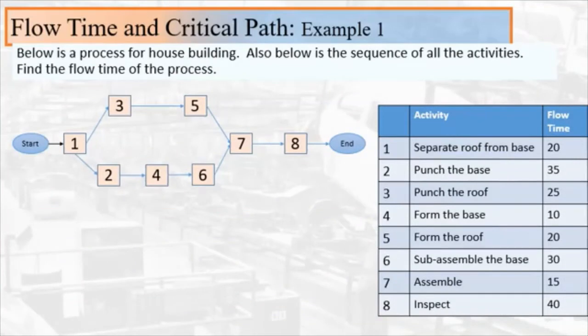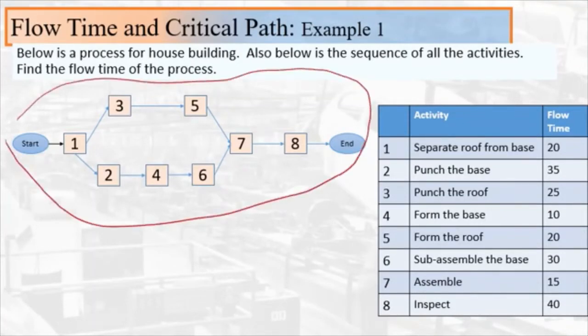So let's do an example on the critical path. We see this process which has a set of activities, and these activities are right here, and there's a flow time for each one of these activities.